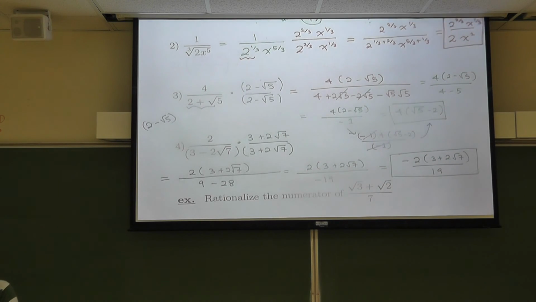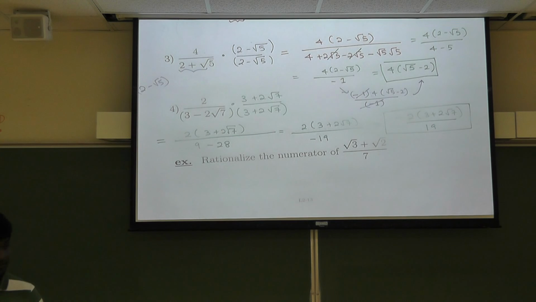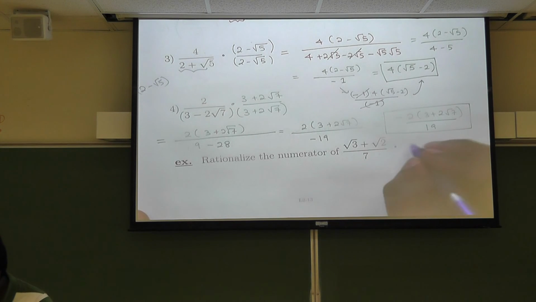So one last thing, rationalize the numerator. It's very similar to rationalizing the denominator. The only thing is you should get a rational number on the top. So let's do this quickly. Multiply the top and the bottom by root 3 minus root 2. And then use the special product.